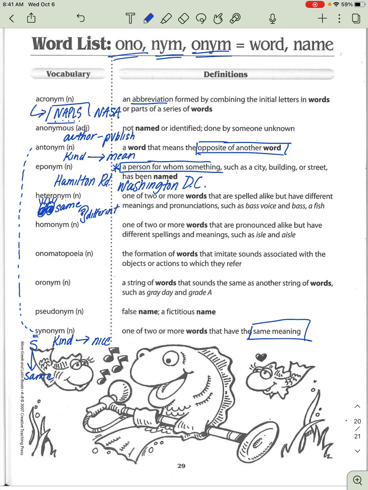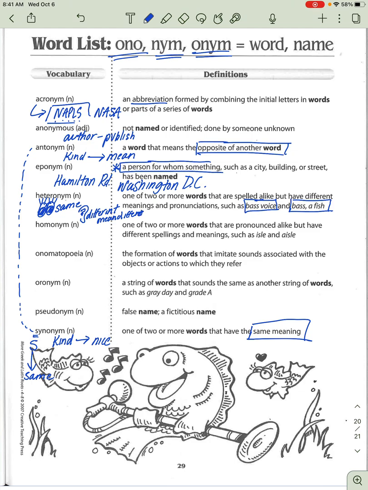That's supposed to be an ear. I don't even know what it looks like right now. It kind of looks like a person with weird eyebrows and their big nose looking down. But anyway, it's supposed to be an ear. So they look the same, sound different, okay? So like their example here is a bass voice, and a bass fish. Okay, so both are BASS, but they sound different and they mean different things.